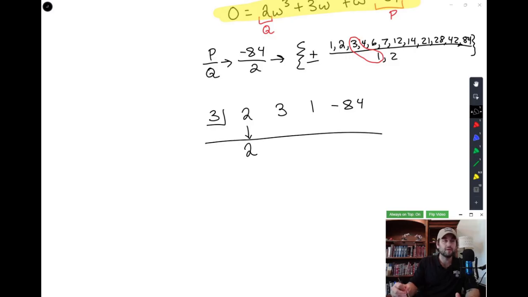Drop down the 2, draw the line. 2 times 3 is 6, plus 3 is 9, times 3 is 27, plus 1 is 28, and 28 times 3 is 84, and it's positive. And so look at that, we have a 0 as our remainder.